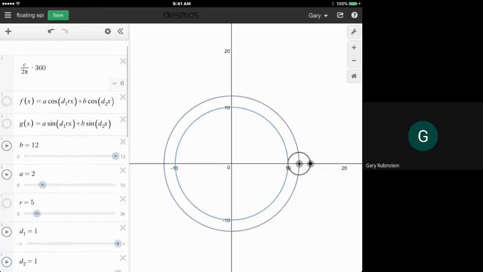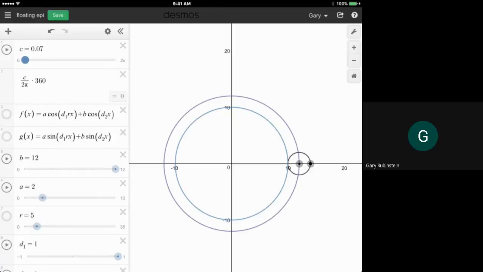In the floating circle, look at that point, the horizontal point, and the point on the floating circle in relation to it. So when t is 30 degrees, that black point is at 150 degrees in relation to the small circle because it's going 5 times as much. So let's just keep that in mind.